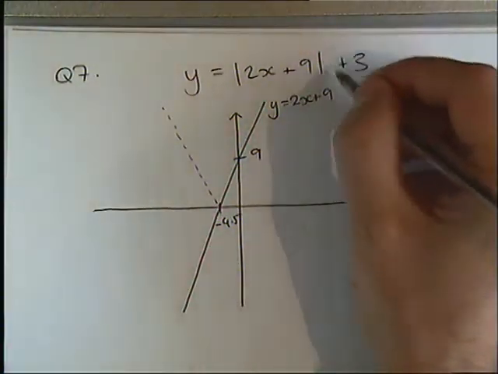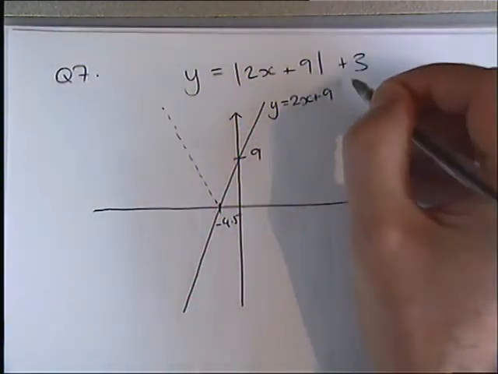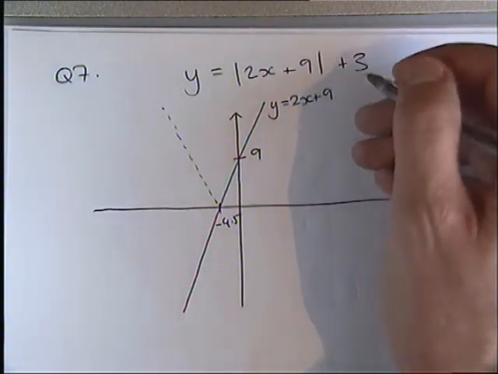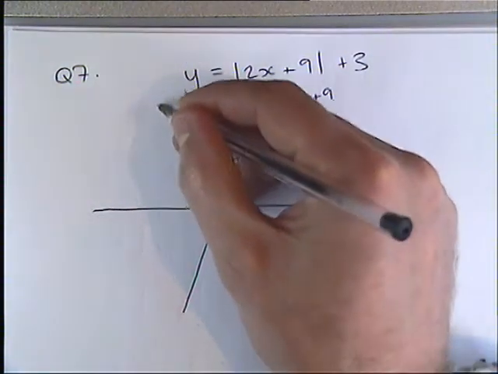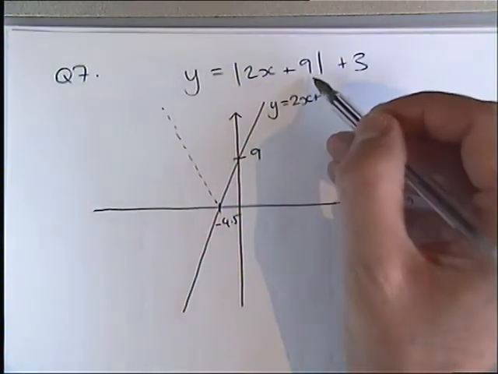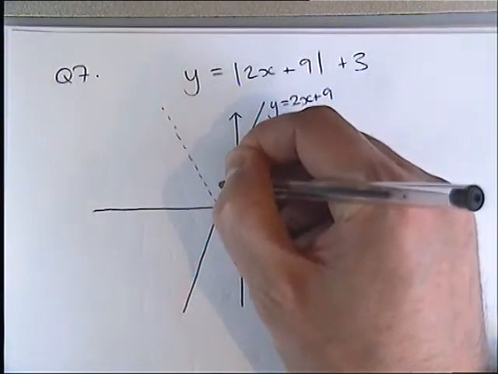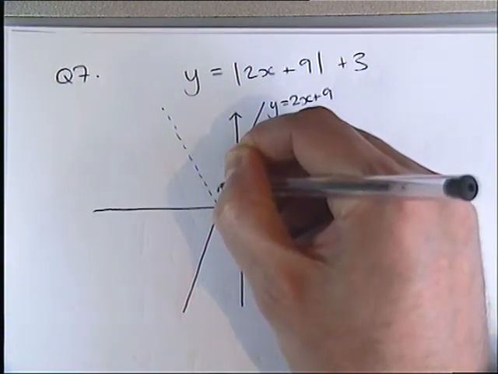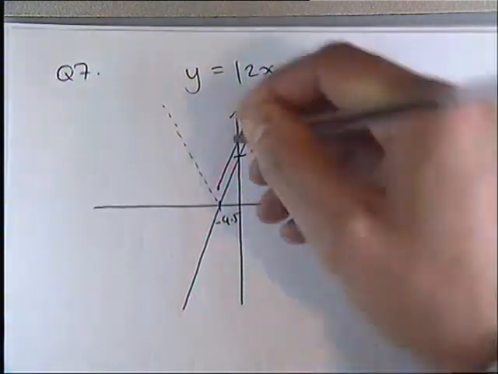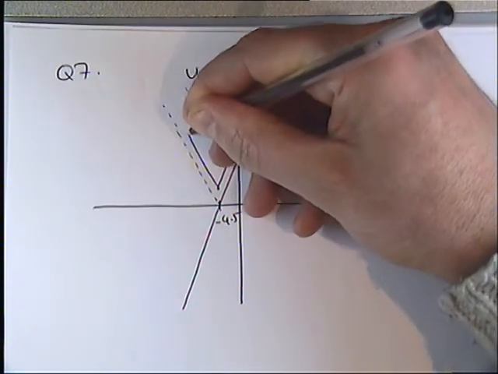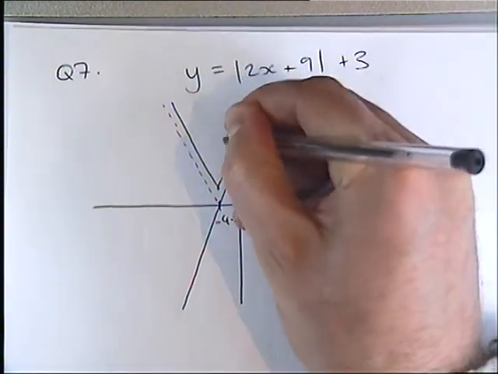Then I'm going to use that plus 3 and think of that as a transformation of this graph. So we've got this V shape, which is our mod 2x plus 9 graph. And then plus 3 is going to bring that up, roughly like that.